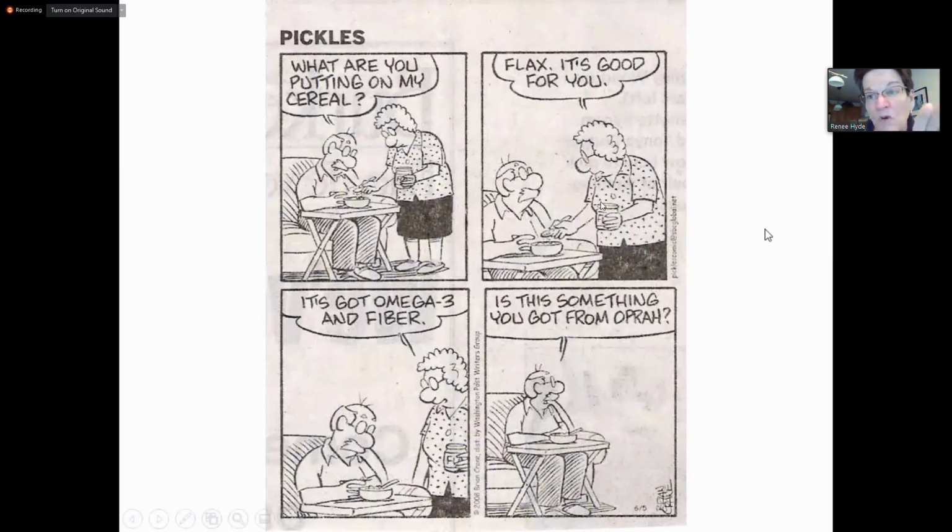Now, one of my favorite cartoons is Pickles. I don't know if any of you read it or not, but Earl, who is the guy, says, "What are you putting on my cereal?" And Dot says, "Flax, it's good for you. It's got omega-3 and fiber." And Earl says, "Is this something you got from Oprah?"